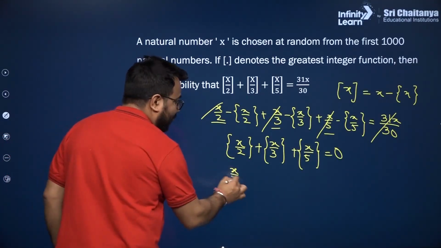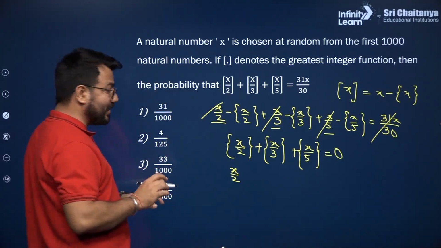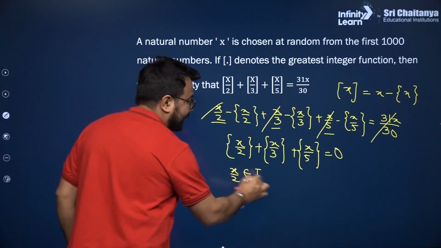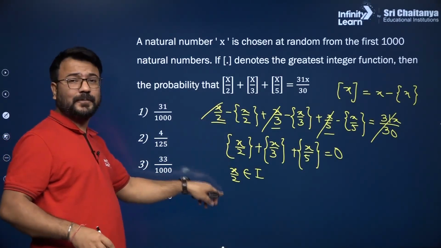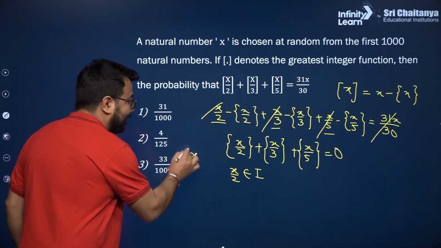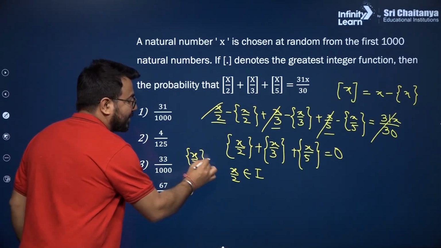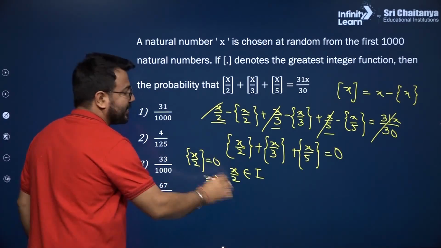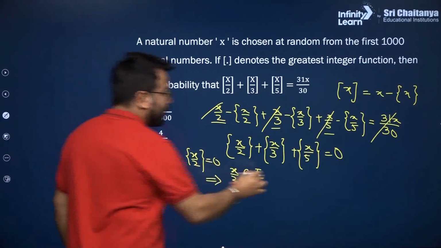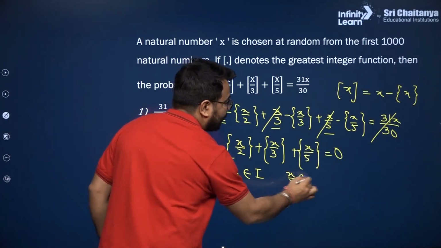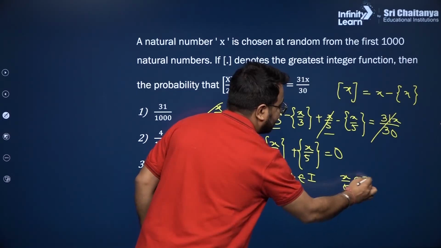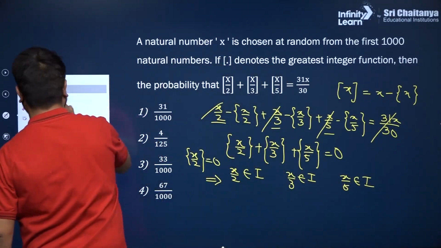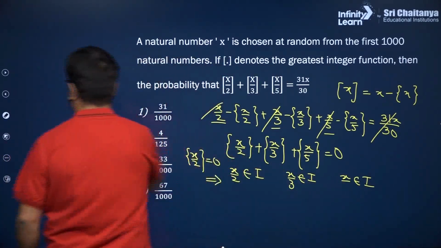So the fractional part of x by 2 is 0, that means x by 2 belongs to the set of integers. Moreover, x by 3 should also belong to the integers and x by 5 should also belong to the integers.